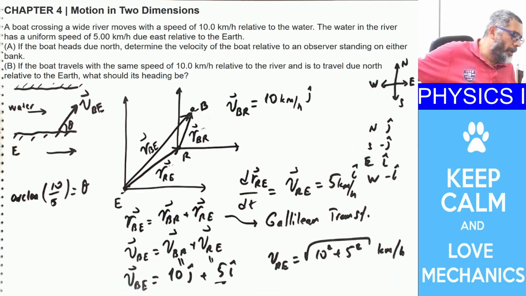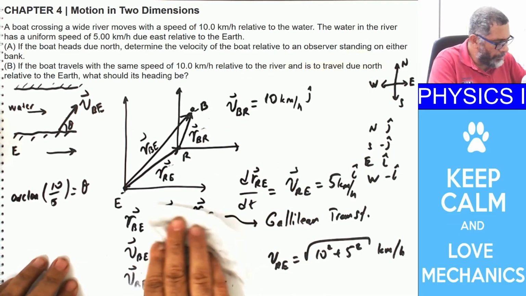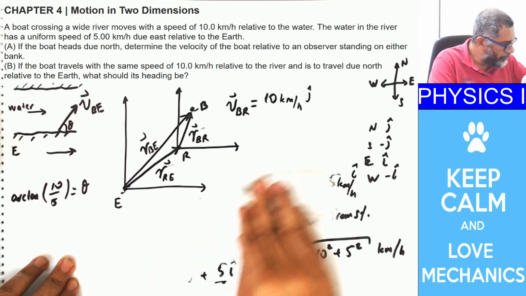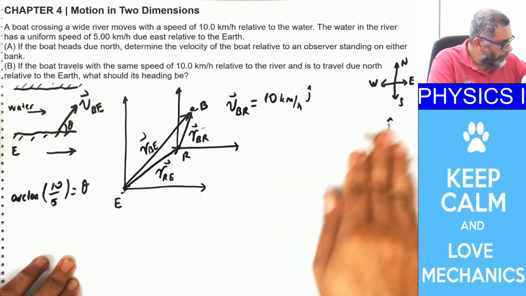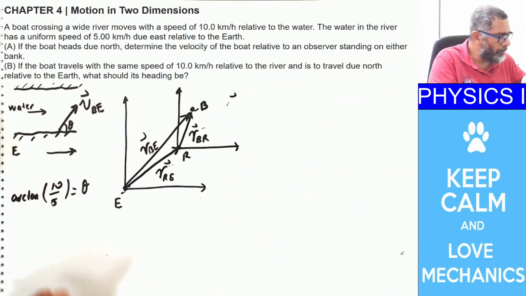Okay. So, if I just open up some space by erasing these parts over here, this time, again, we have these velocity vectors.